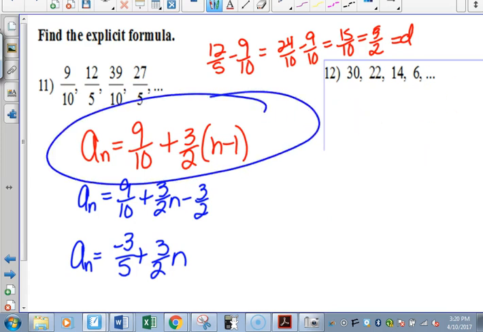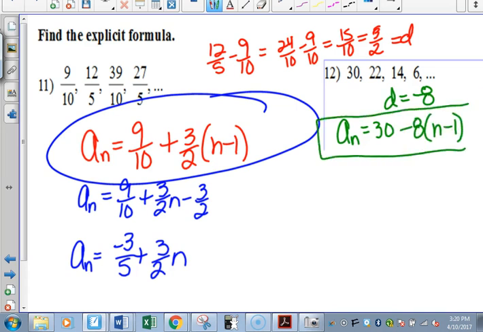Can you try 12 quick? What's D? So this is okay.